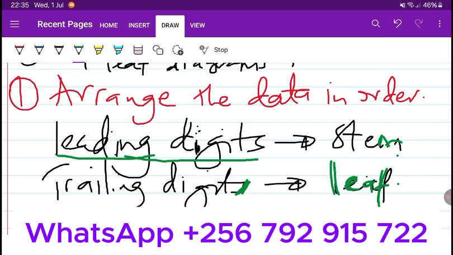So I want you to look at this. When we are talking about the stem and leaf, you have to understand that when we are talking about one number, or what we call an observation, because an observation is that individual item, if it's a number, then it will be that individual value.